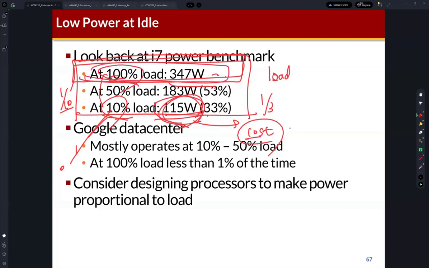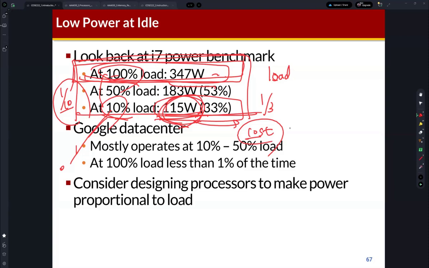Compared to this, this efficiency is low, okay? Because 1/10 of the work is done with 1/3 of the electric power. And this is called the power disproportionality of a computer system, okay? So actually, it's very critical. It's very critical for the data center design, okay?